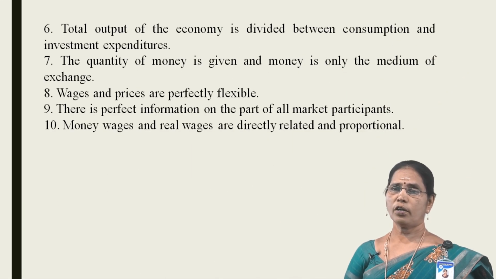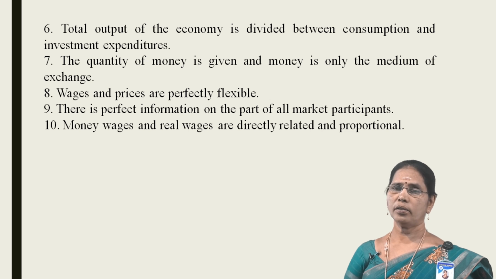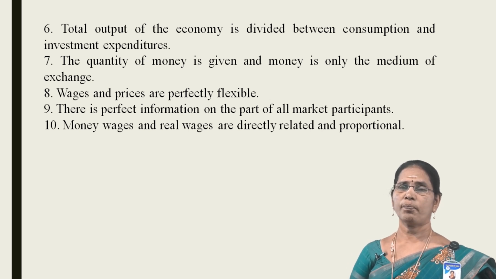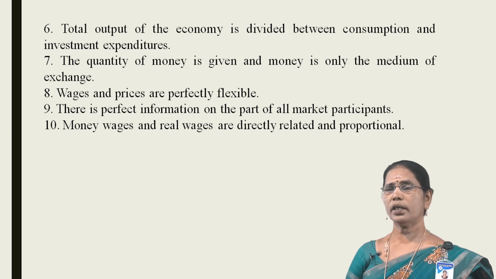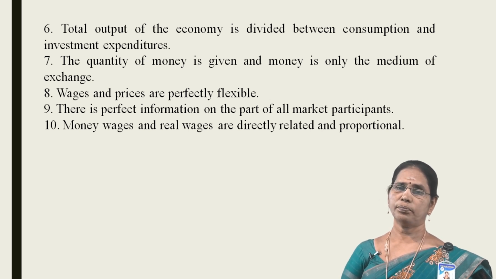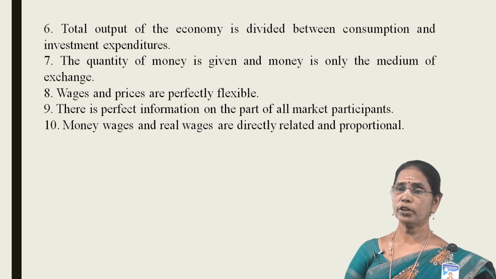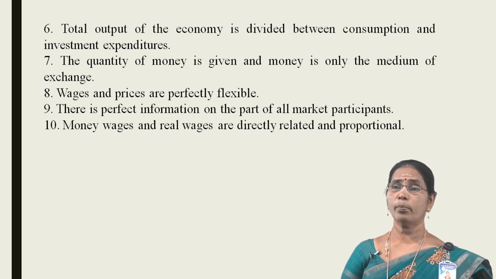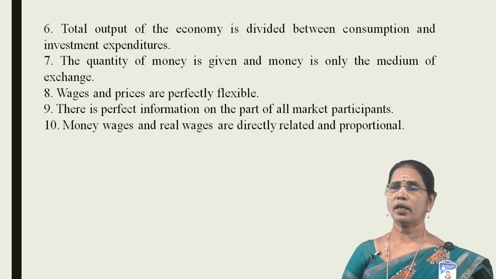Total output of the economy is divided between consumption and investment expenditures. The quantity of money is given and money is only the medium of exchange. Wages and prices are perfectly flexible. There is perfect information on the part of all market participants. Money wage and real wage are directly related and proportional.